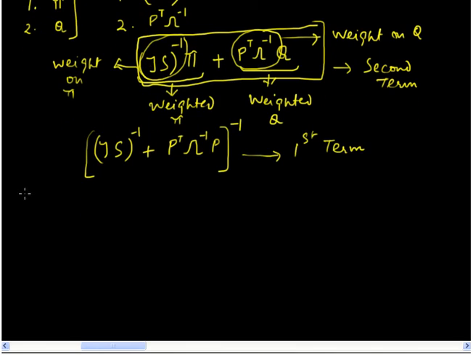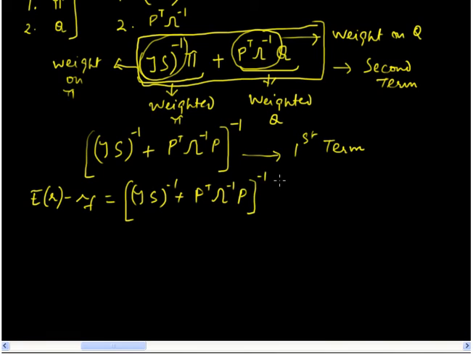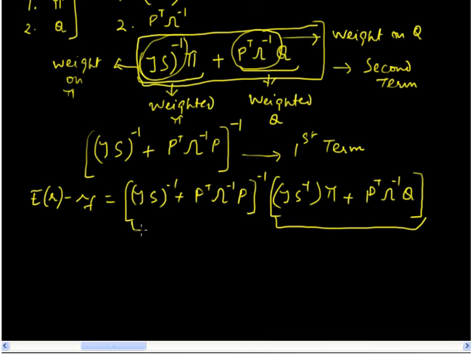What we are writing here is that our excess returns are simply equal to the first term multiplied by the second term, P transpose times omega inverse times Q, and that is the Black-Litterman formula, where this part here is simply a weighted average and this part is ensuring that the sum of all weights is equal to 1.